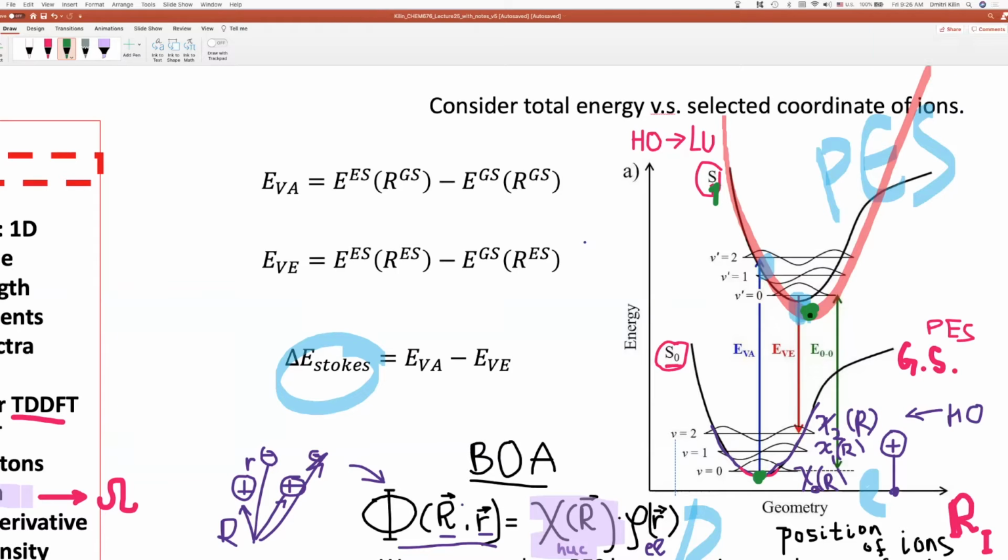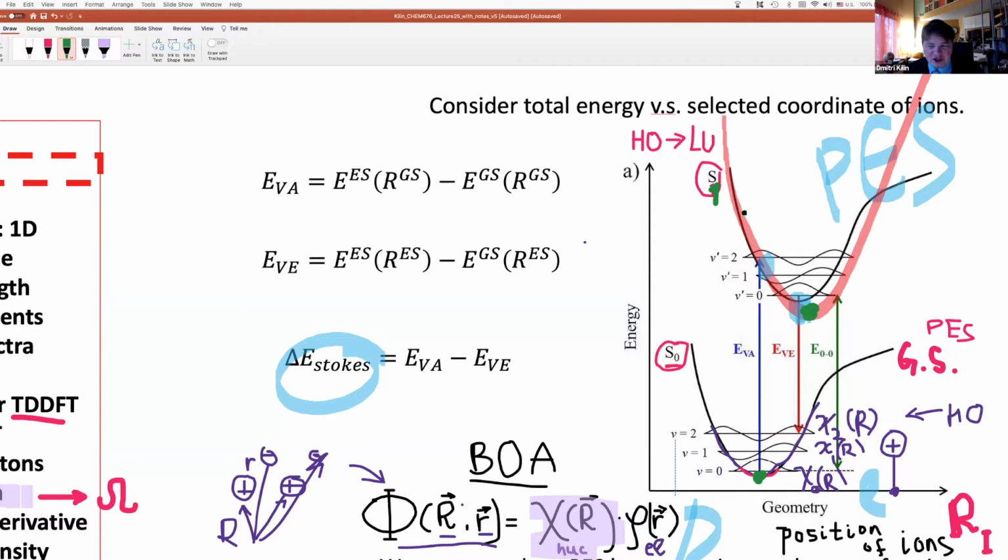I think they are not necessarily the same. Aha, excellent. And what Sarah told all of us right now is the main principle of spectroscopy of molecules. Sarah told that the optimal geometry in the excited state is not equal to the optimal geometry of the ground state.